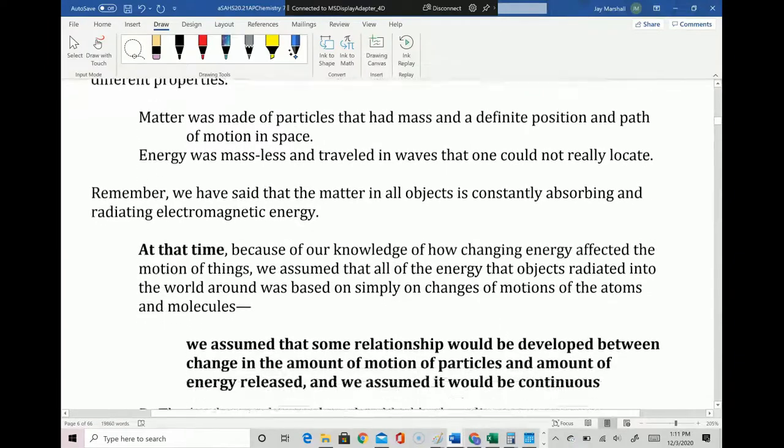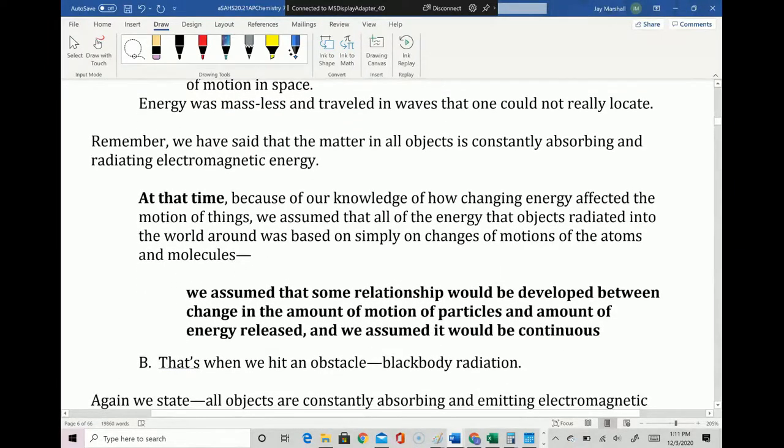So we also said that the matter in all objects is constantly absorbing and radiating electromagnetic energy. Because these particles are constantly smacking up against each other, they're constantly exchanging energy with each other, right? I smack this particle and I give this particle more energy, and this particle loses energy, so this particle that lost energy might radiate an electromagnetic wave because it lost energy.